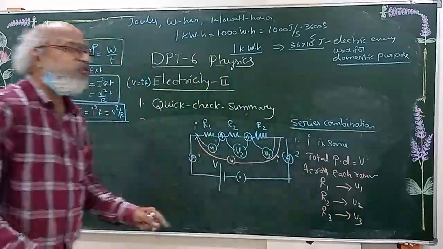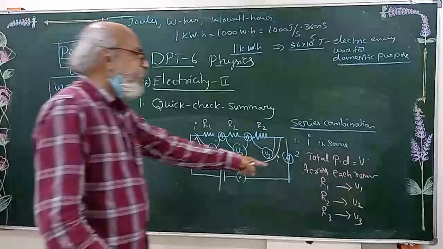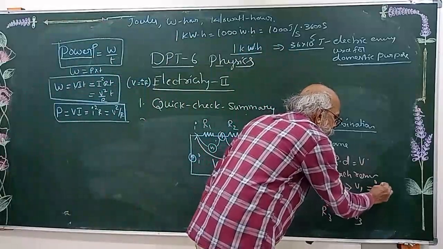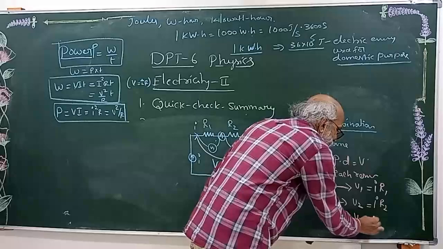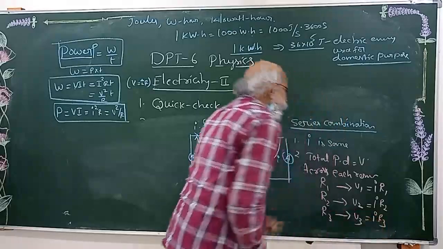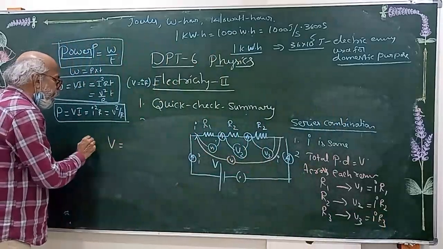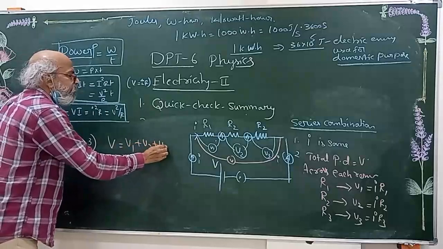The potential difference will be shared or divided, but current will remain the same. Here V1 must be, in accordance with Ohm's law, IR1, V2 must be equal to IR2, and V3 must be equal to IR3. But we observe the total potential difference V is equal to, third important feature, V1 plus V2 plus V3.